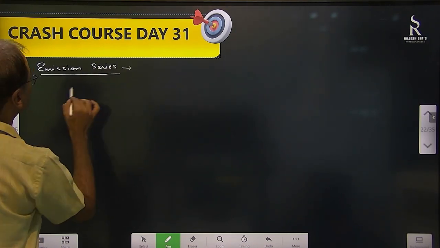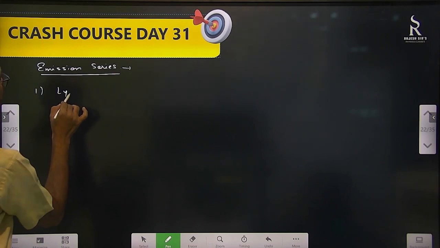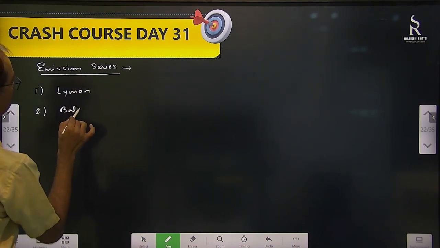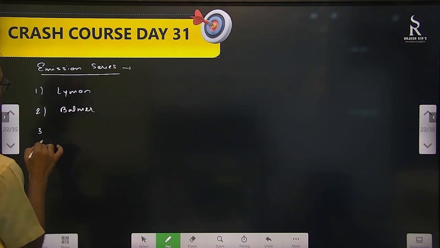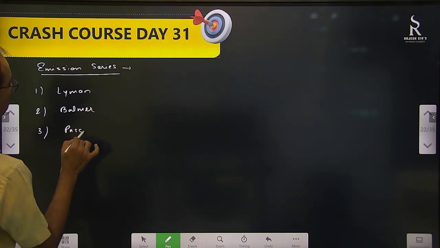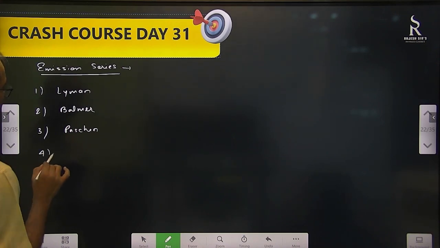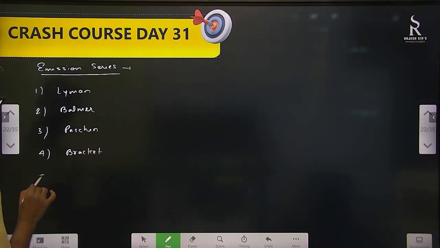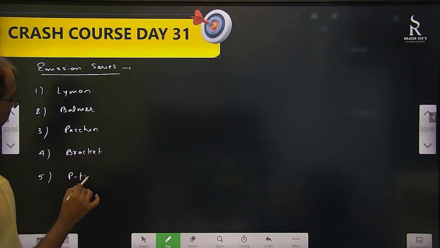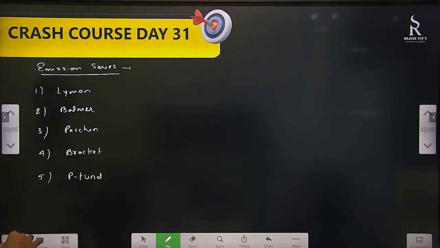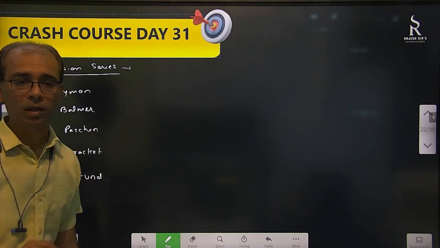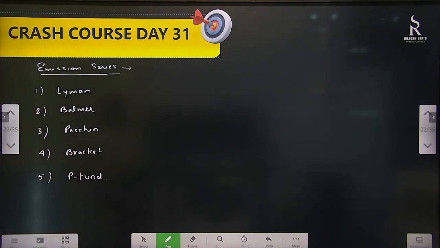We know that they are Lyman, Balmer, Paschen, Brackett, and Pfund. Lyman means that if the electron is jumping to n equal to 1, the ground state, then the photon released belongs to the Lyman series.